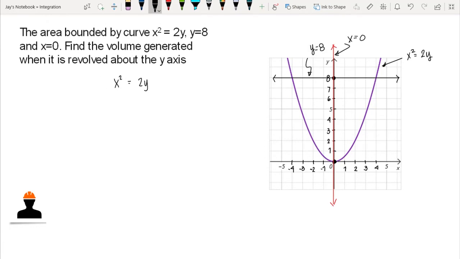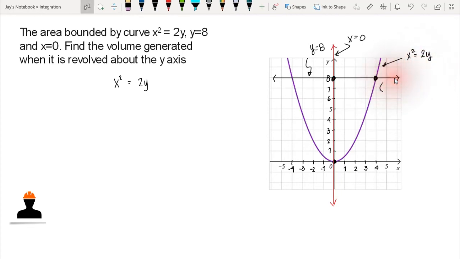And then we compute for the points of intersection, so that we could determine the limits of our area. So the points of intersection are this one and this one. And we know that for this point of intersection here, we use this curve. Again, our y is equal to 8.